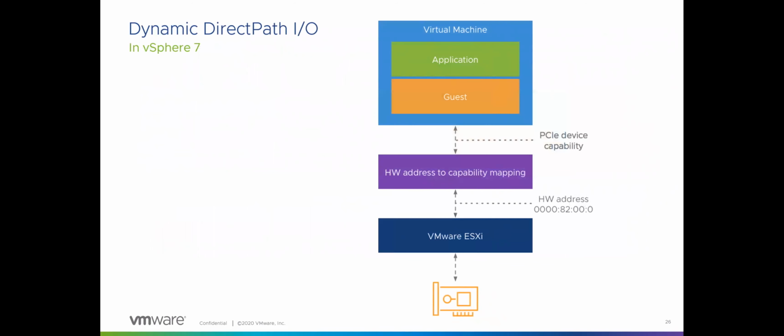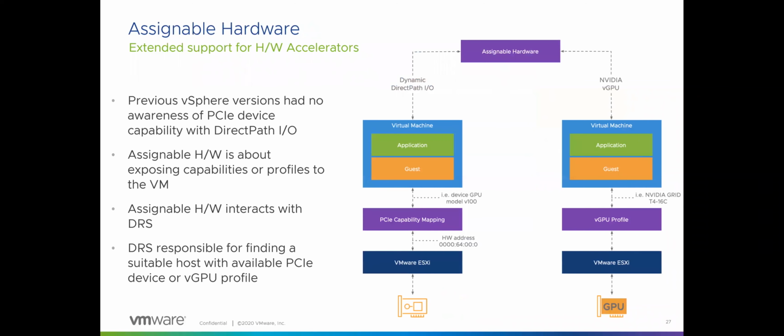So we will expose a PCIe device capability to the virtual machine, making it a lot easier, and now reintroducing ways to migrate that virtual machine to another ESXi host. And that is all part of the new assignable hardware framework in vSphere 7. So basically, we see two consumers of assignable hardware. That is dynamic direct path I/O and Nvidia vGPU.